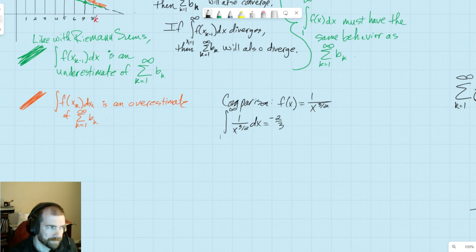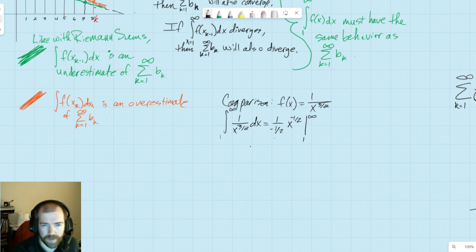Nope, sorry. We need the new power. Still got my mind on derivatives. So the new power is going to be a negative 1/2. So if we divide by negative 1/2, this is what we get, times x to the negative 1/2, evaluated where x goes from 1 to infinity.